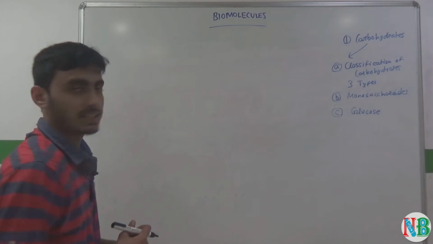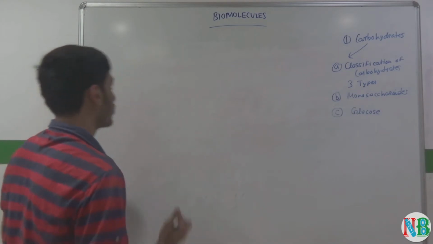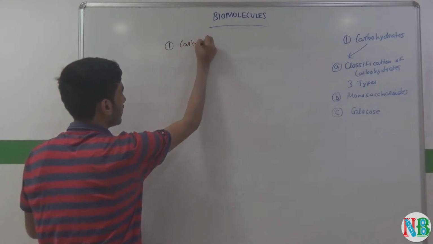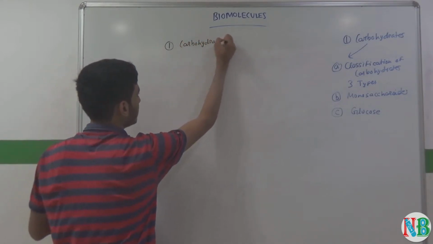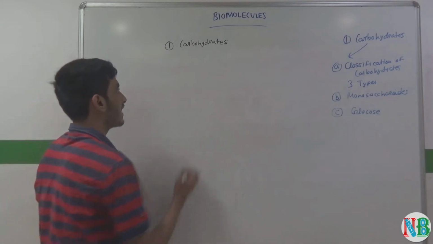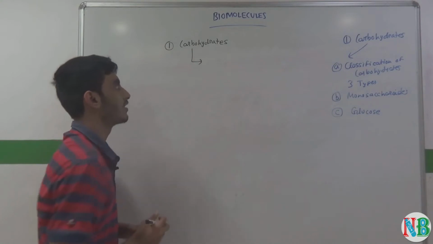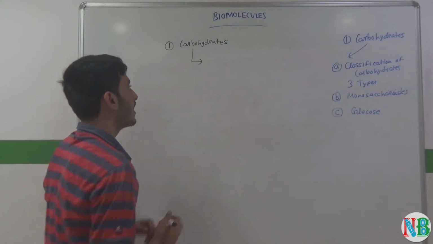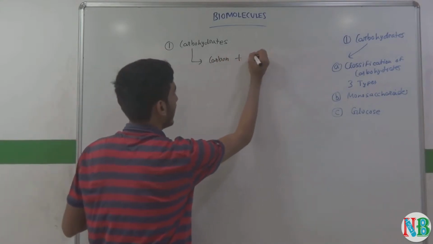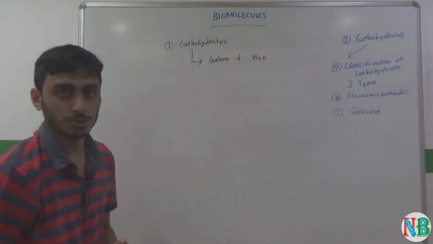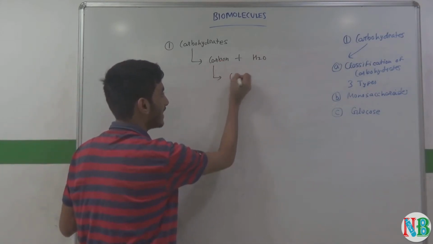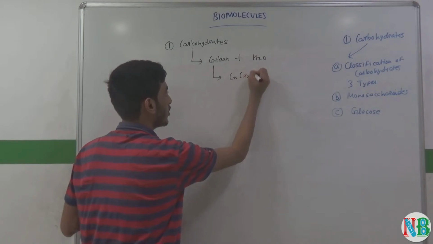So in the last class we saw what this term means. It means all the compounds having an H2O. So they have a formula something like Cx(H2O)y.